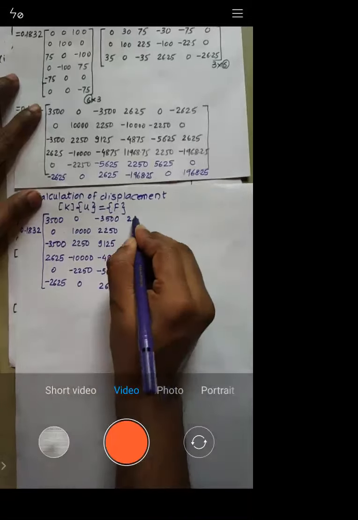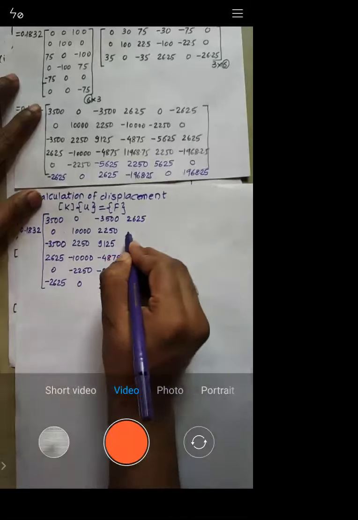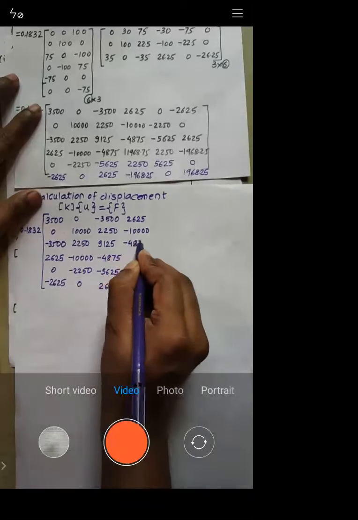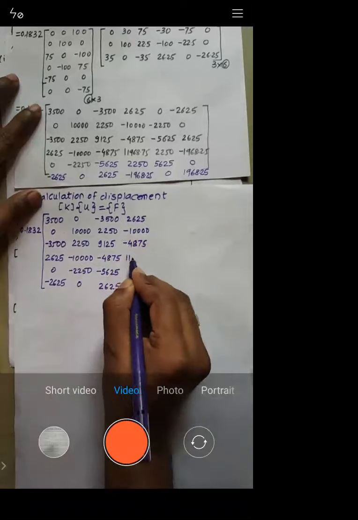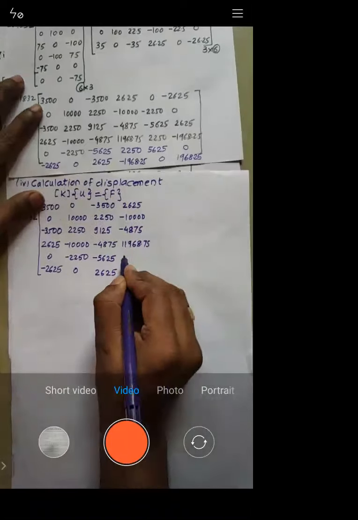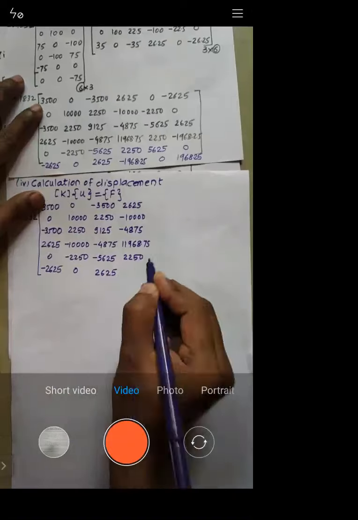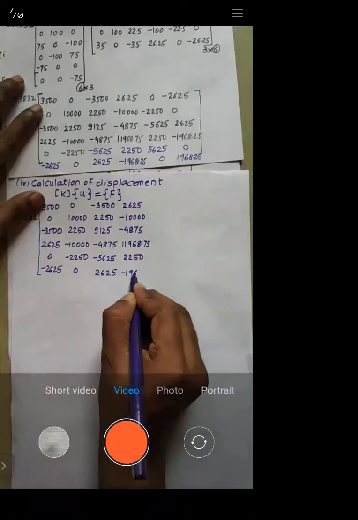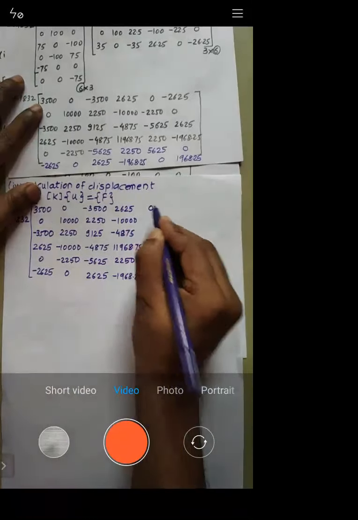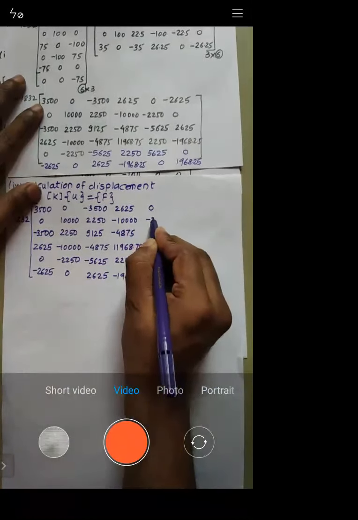Then this is 2625, minus 10,000, minus 4875, 11968.75, right? 2250, minus 1968.25.